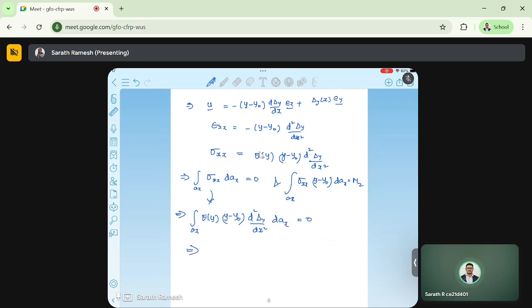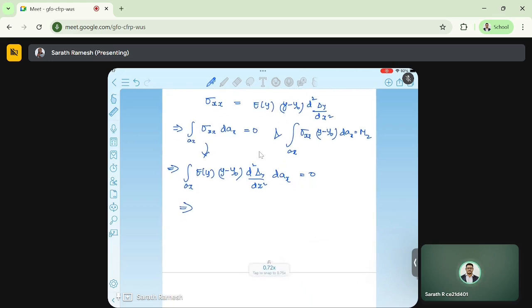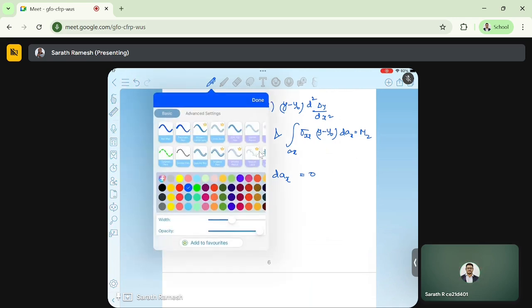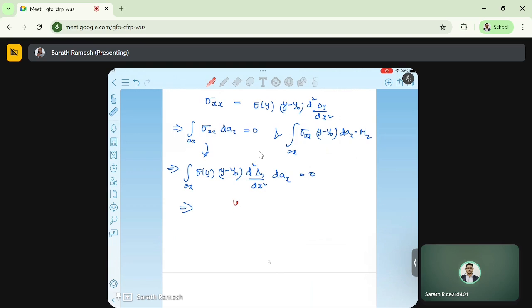This implies, since d square y by dx square is a function of x and constant over the y and z integral, it can be taken out, and hence we can find an expression for y naught from this. Y naught is the important expression that we are looking for, equal to integral over Ax of E of y y dAx divided by integral over Ax of E of y dAx. Right, so that's it.